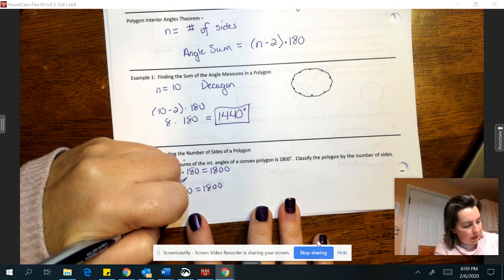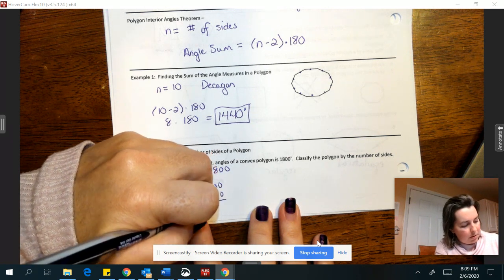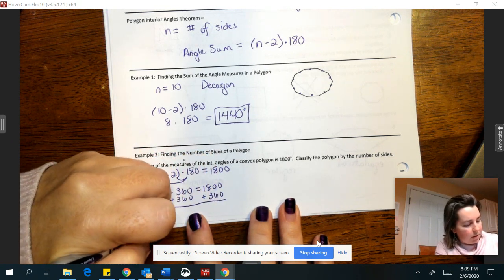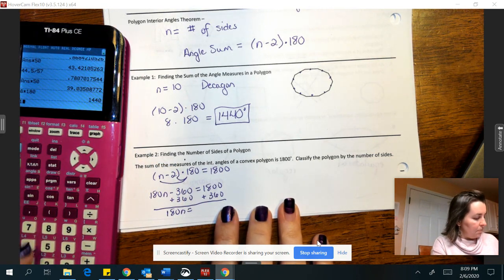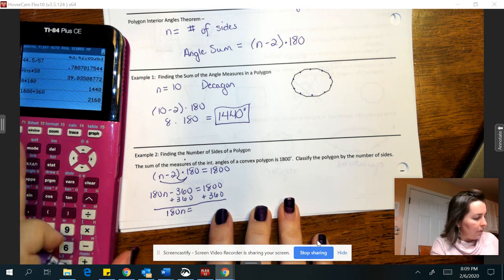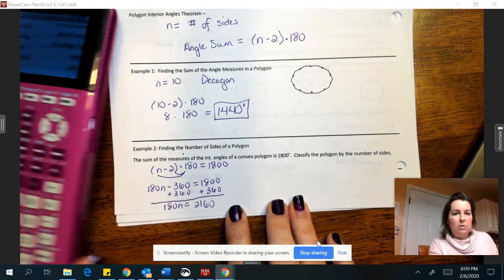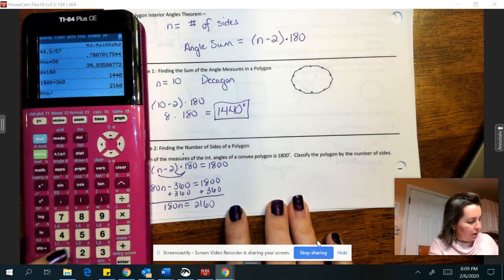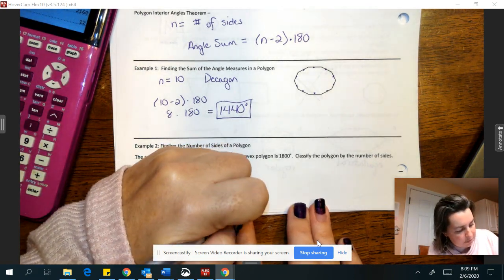And then I would add 360. Get 180n equals, that's 2,160. And then you would divide by 180 and get that n equals 12.